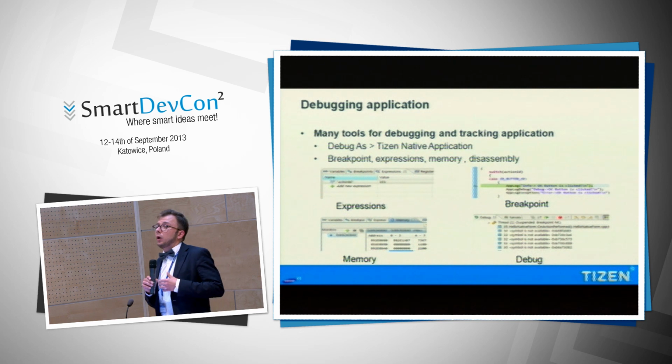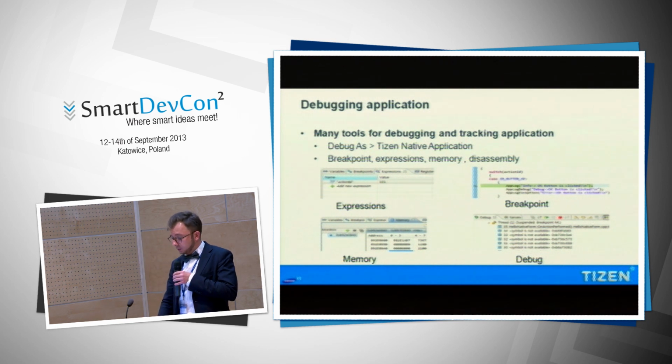Okay, so of course we have a debugger for applications. It's a standard set of tools, so we can create breakpoints, check the expressions, check the memory allocation, and check the stack flow of all the methods. There is also a performance analyzer. It will tell you how much time and resources are used by a particular method.